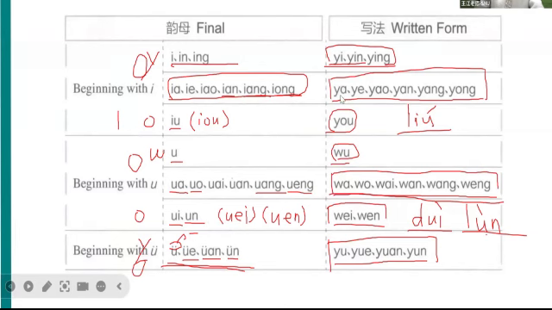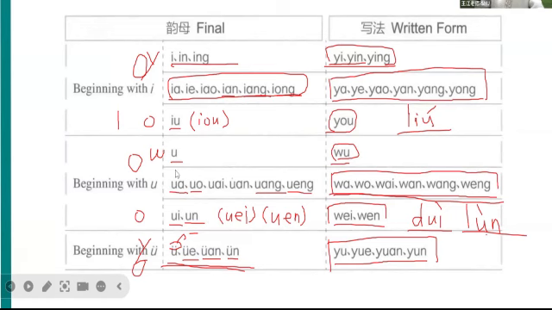If there are two or three vowels in the finals, we just change the alphabet I into the alphabet Y. So that's where the written form comes from. Because the original form is like that, we just change I into Y.